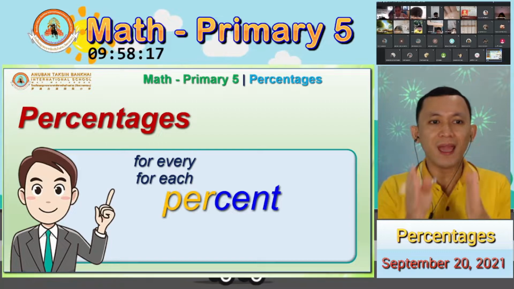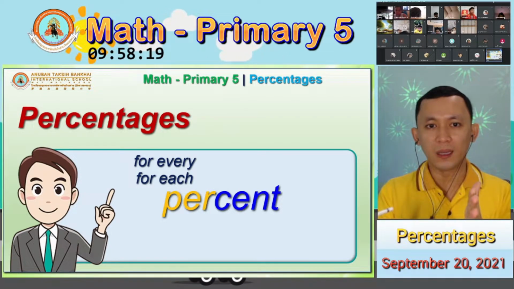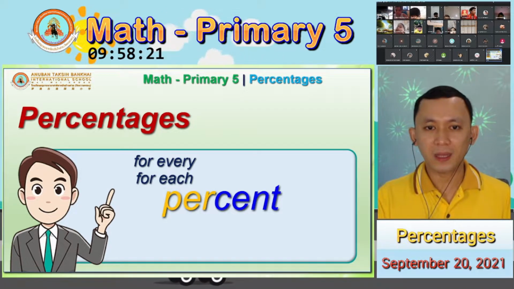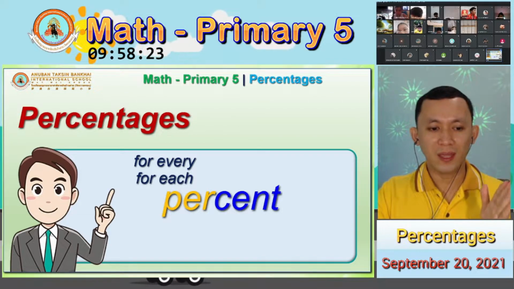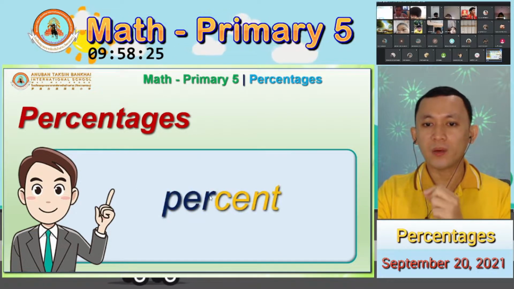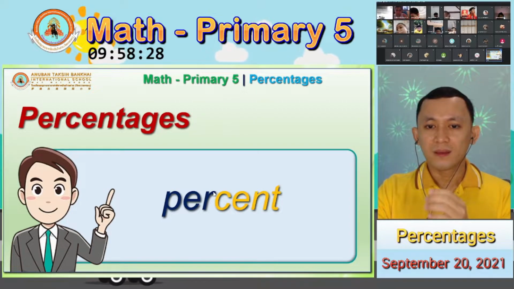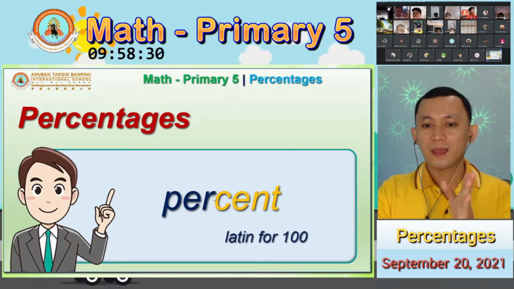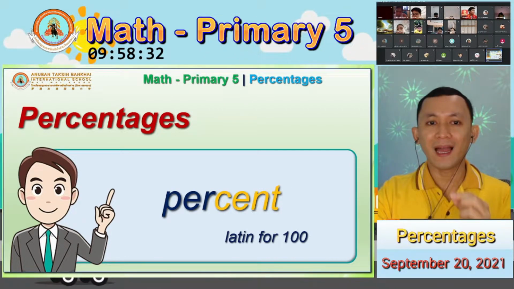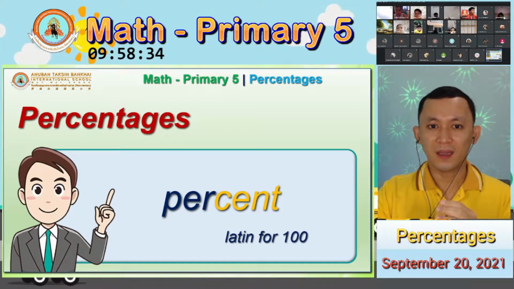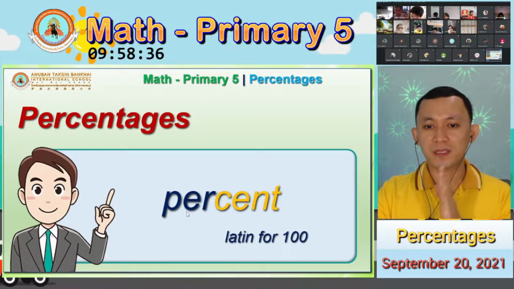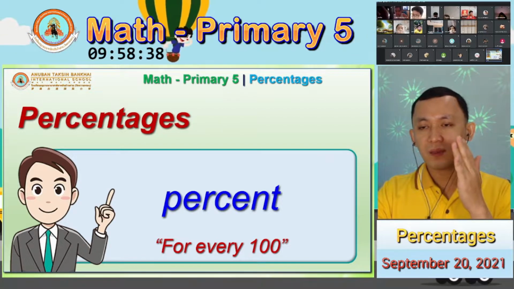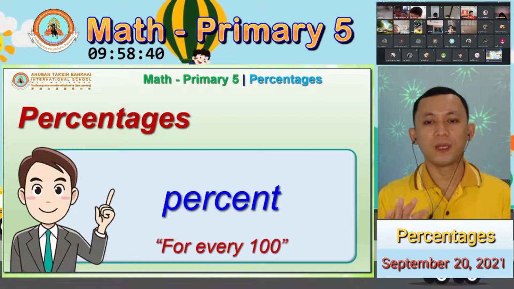So per student means every student, everyone, you will get 1 box of milk. Okay, so that's the meaning of per. Now, the root word cent is a Latin word for 100. So if we say percent, it could also mean for every 100.